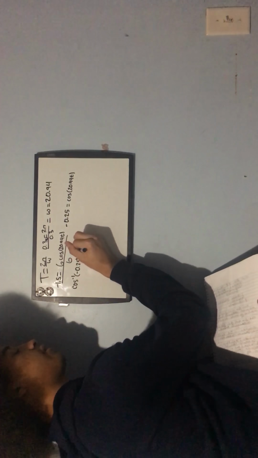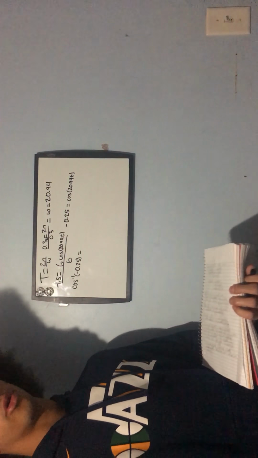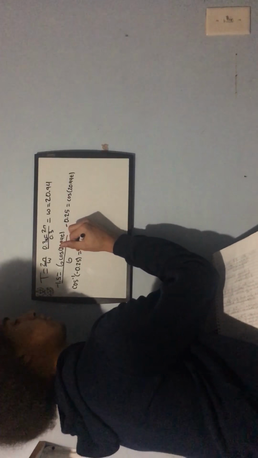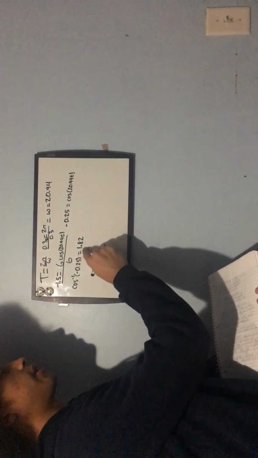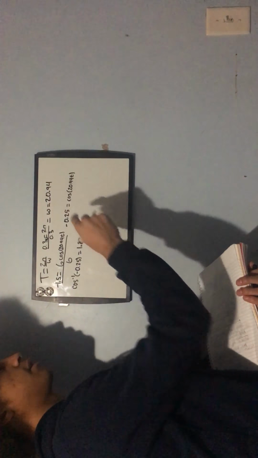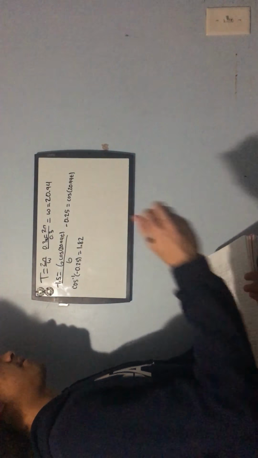And then we find what the inverse cosine of negative 0.25 is. And that equals 1.82. So then 1.82 will equal 20.94 t.